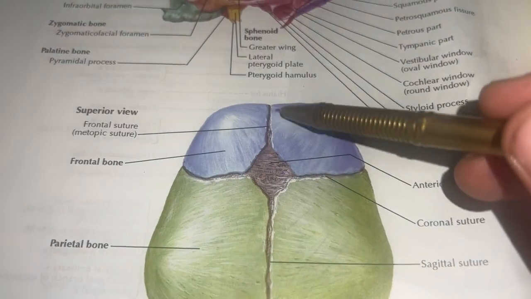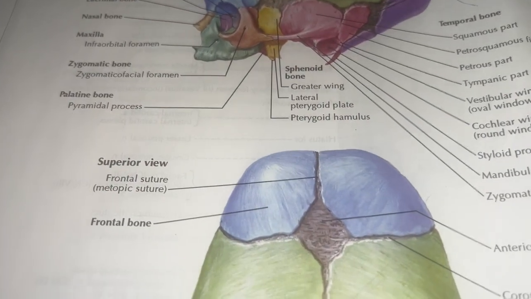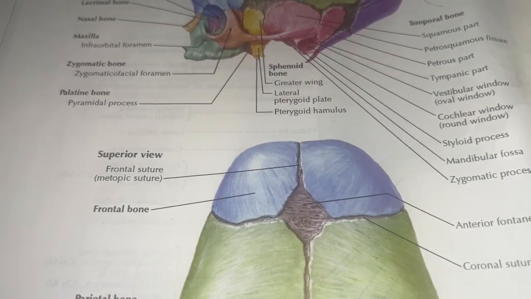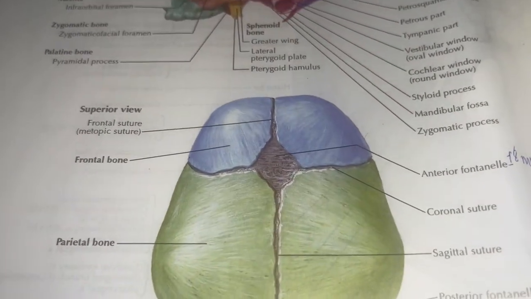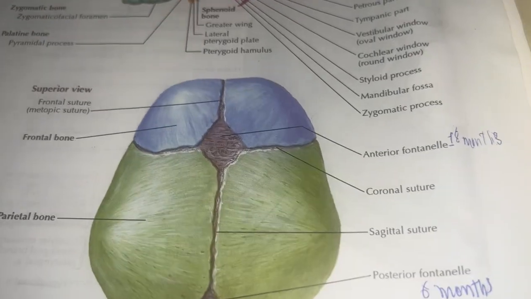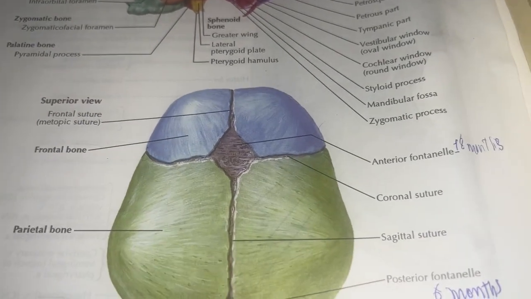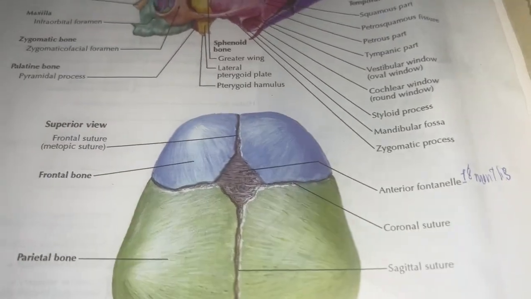We have talked about the metopic suture. This is the frontal suture, also called the metopic suture, and it disappears at the age of 2 to 6 years, but sometimes it persists in about 8% of adults. So this is the metopic suture in between the two frontal bones.